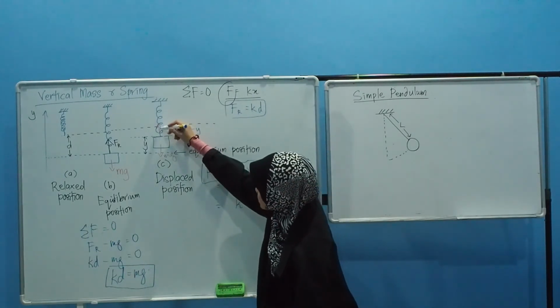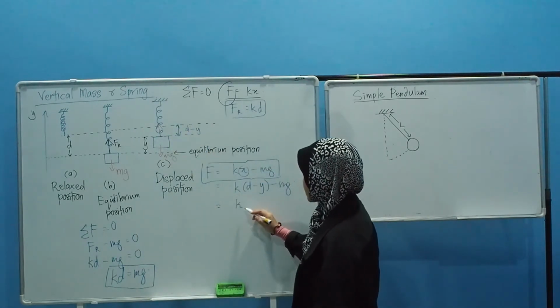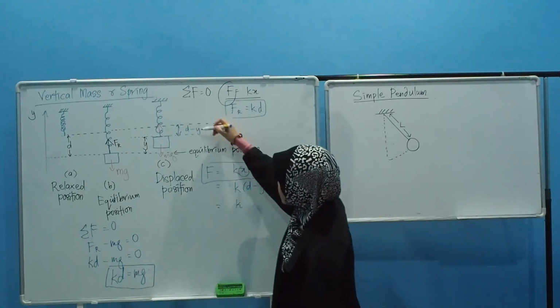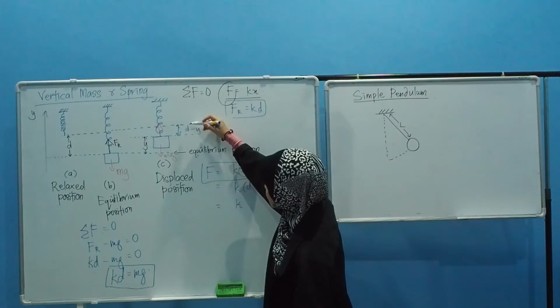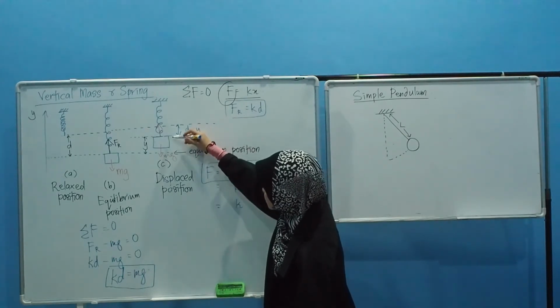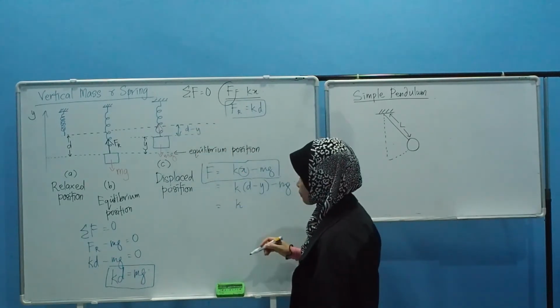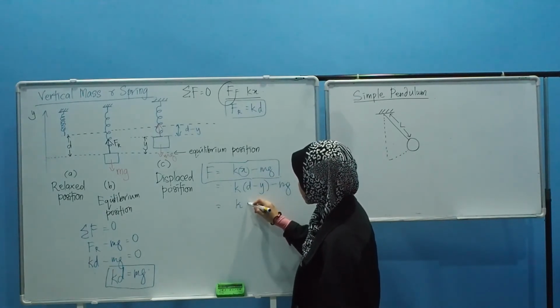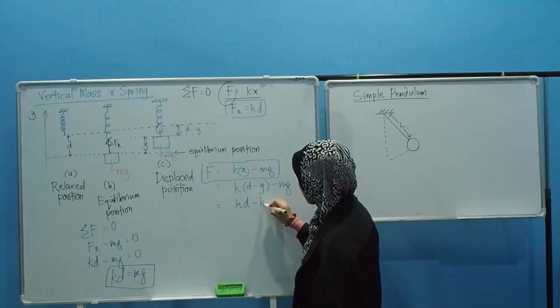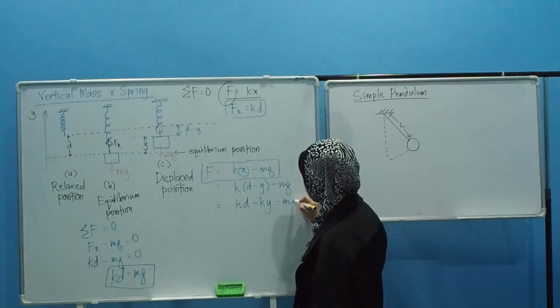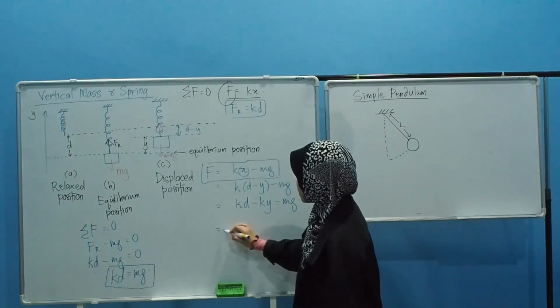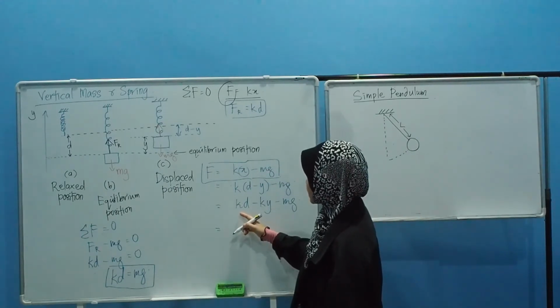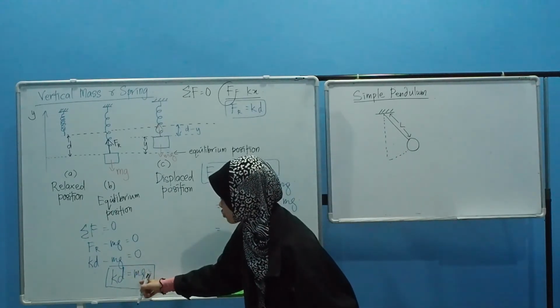This is Kx minus mg. And then x here I replace with the displacement, from the relaxed position to the displaced position. So it becomes Kd minus Ky minus mg. Look at here, Kd is equal to mg.